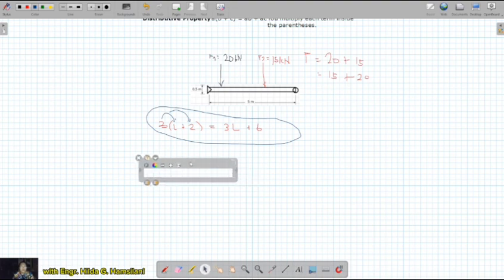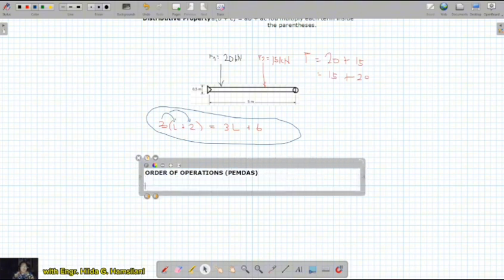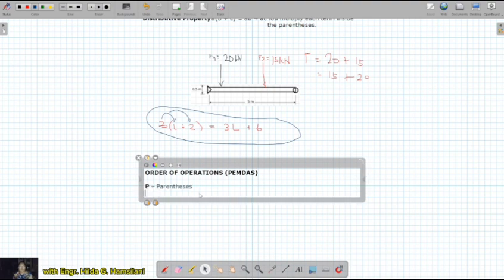Next, we go to the order of operations. And you're also familiar with this. The order of operations, or PEMDAS. So in PEMDAS, P stands for parentheses.